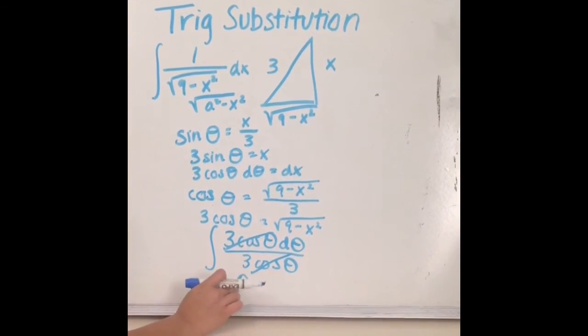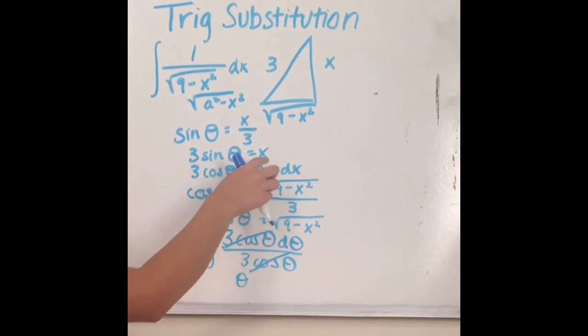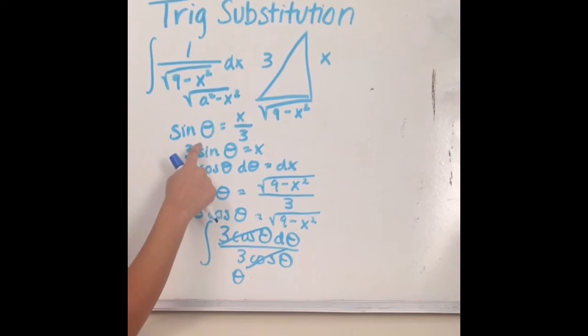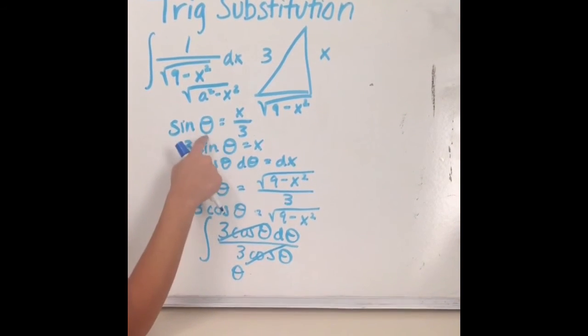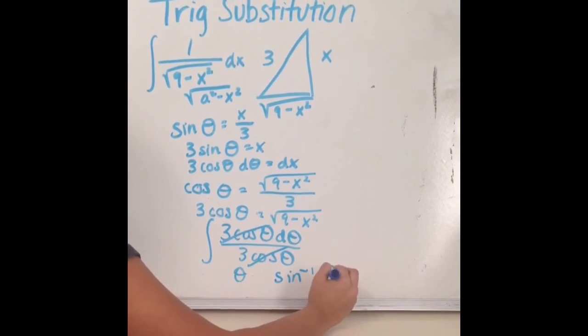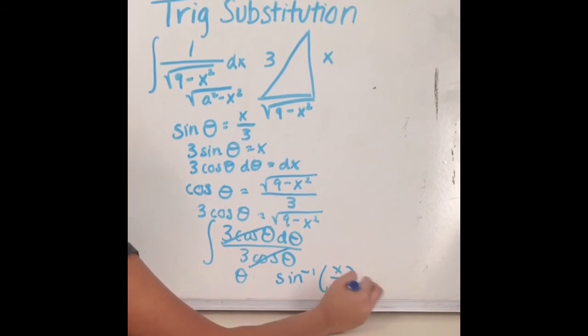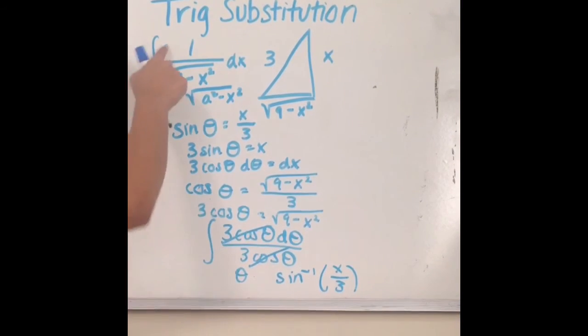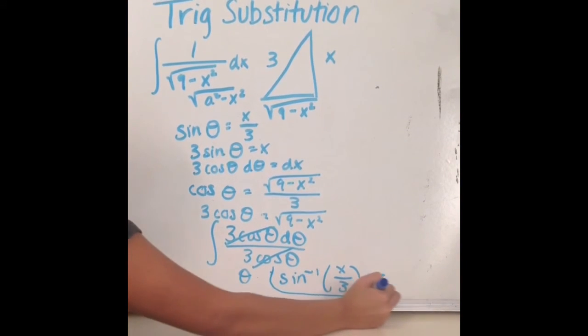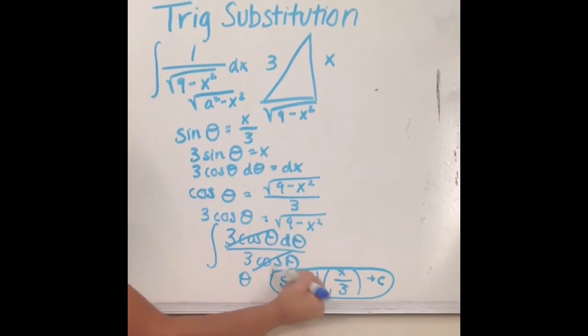So in order to get theta into terms of x, we know that the inverse sine of x over 3 is equal to theta, so the answer is sine inverse of x over 3. Again, we can't forget the plus c because this is an indefinite integral. So that is the answer.